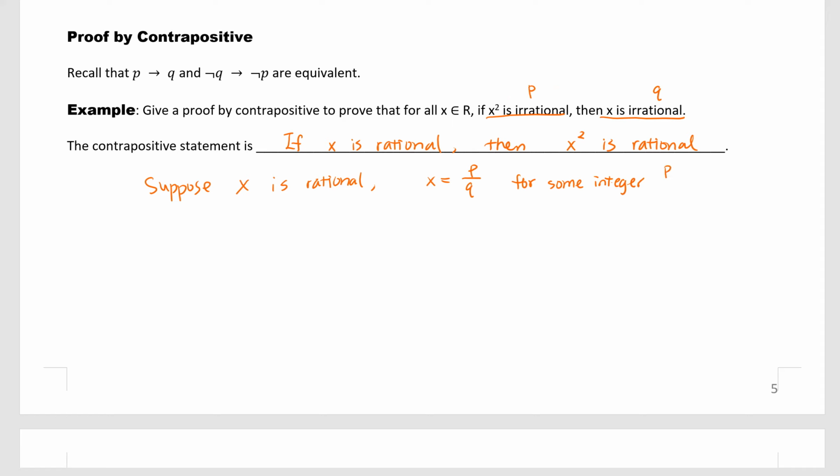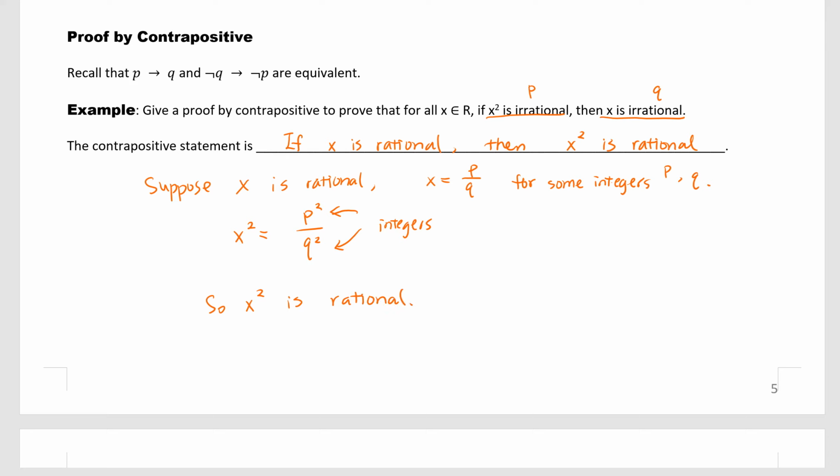Now, what is x squared? Well, x squared is p squared over q squared. You see, they are still integers: p and q are integers, so p squared and q squared are still integers. So by the definition of rational number, x squared is rational.